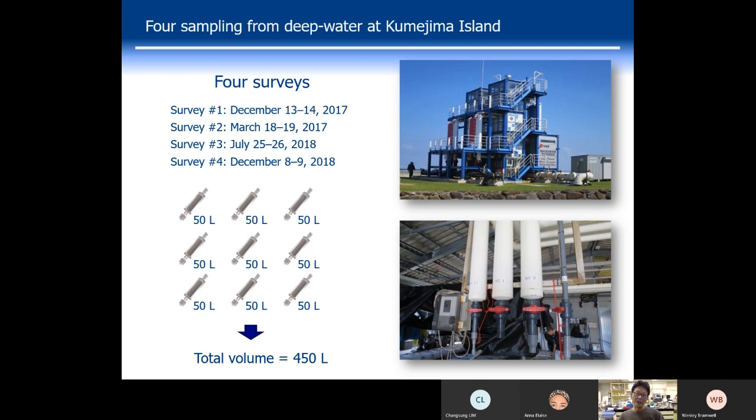And we have performed 4 surveys from December 2017 to December 2018. For each survey, we used a total of 9 Sterivex filters, each of which filtered 50 liters, and 3 of which were filtered simultaneously.